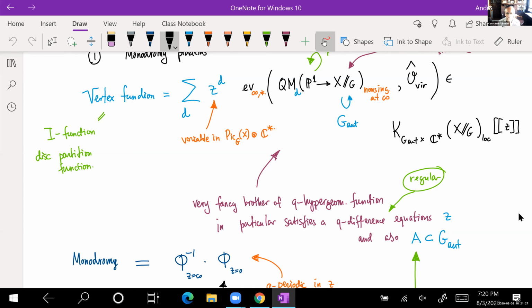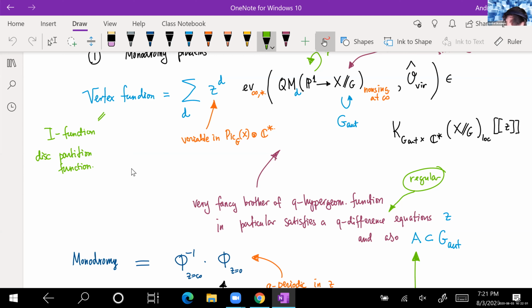Well, I think, sorry, maybe I'll answer not your question, but some related different question. The kind of thing I have in mind is this evaluation map. If you have a quasi map from P1, I want to know what it does in the neighborhood of some point. You can take the evaluation map for quasi maps from the formal punctured disk.